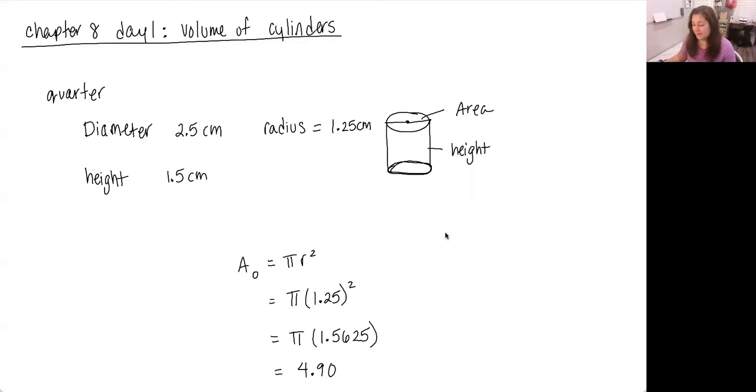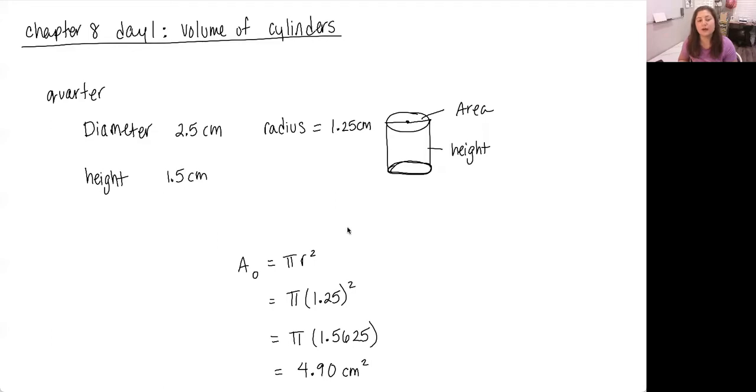So that means that the area of my quarter is 4.9 square centimeters. But remember, I don't have just one quarter, I have multiple quarters.